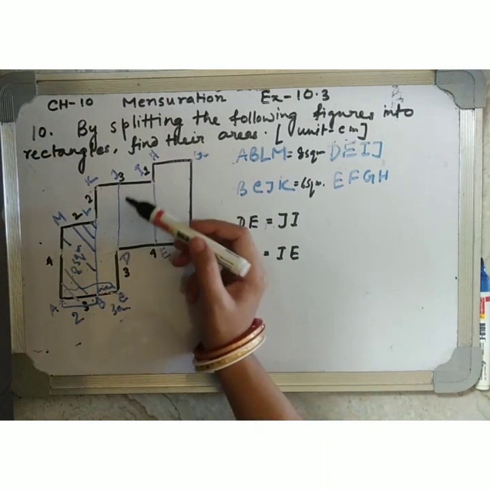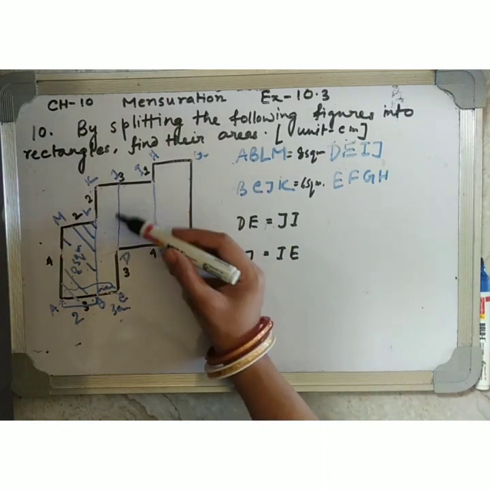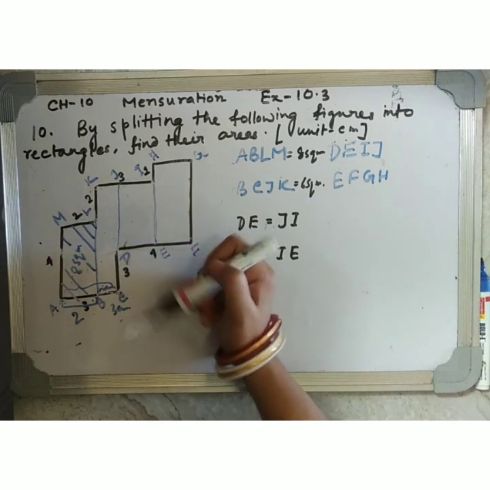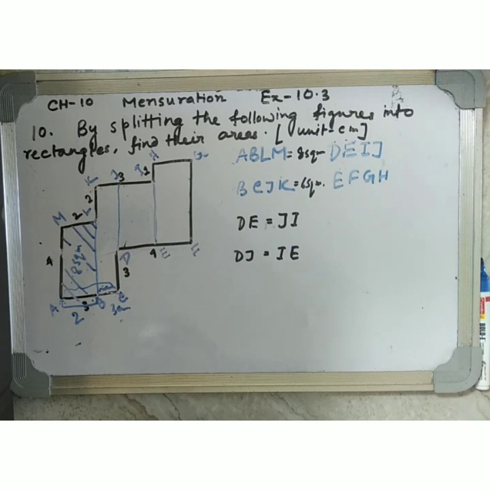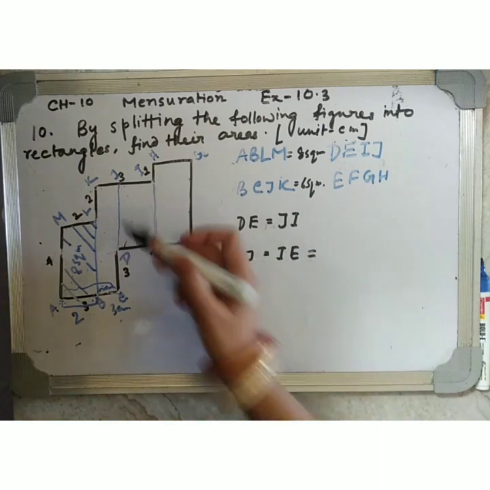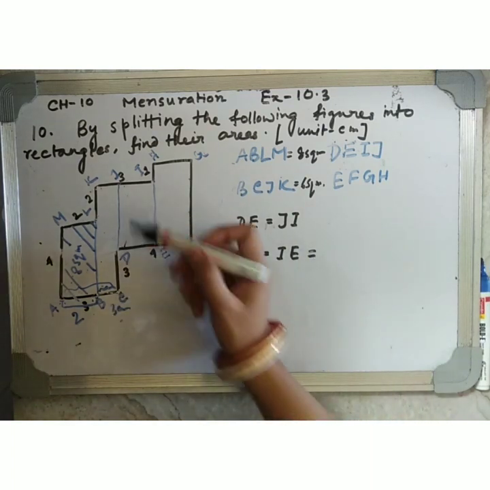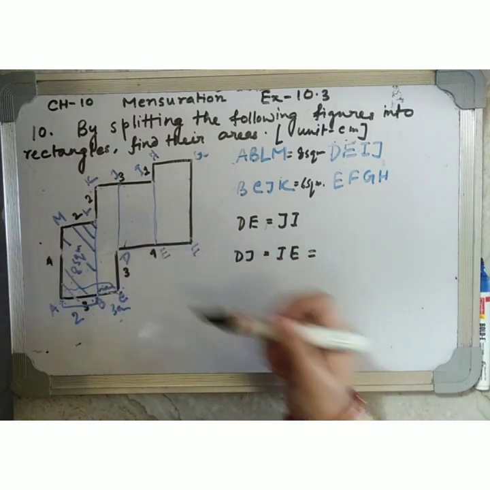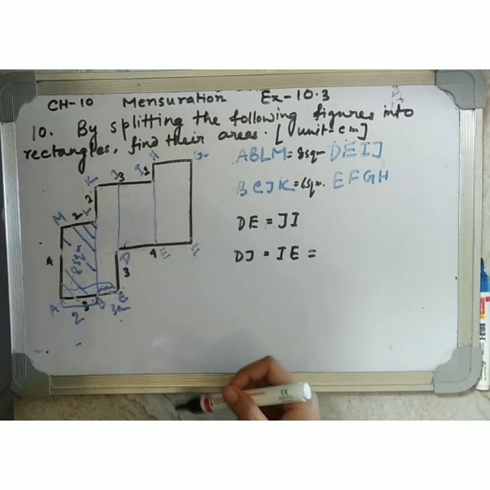Okay, so what can we do? See, for finding the length of JD, what can we do? We know the length of JC completely. Okay, now see, so if we subtract the part CD from the part JC, then we can find the length of JD, which will be equal to IE, isn't it?